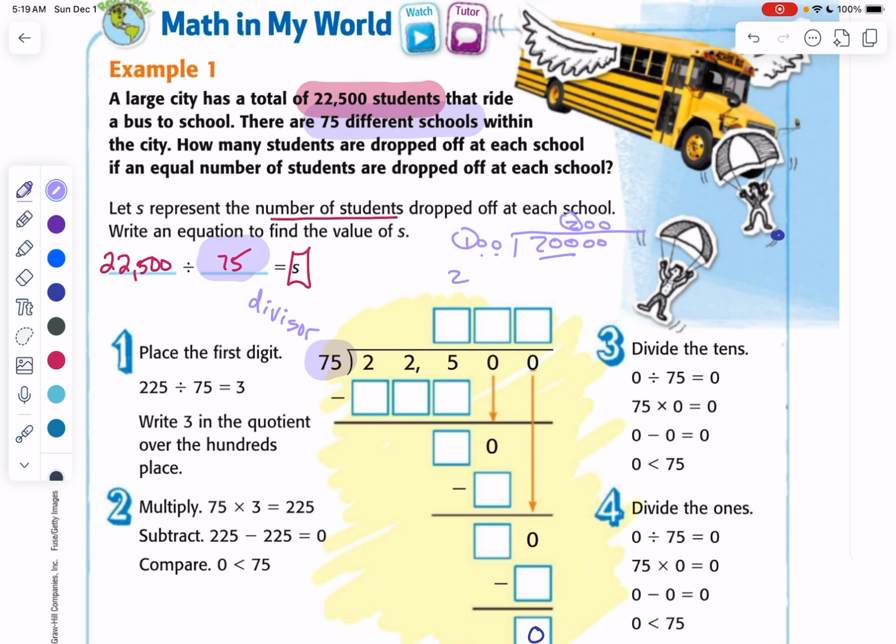There are 1, 2, 3, 4 zeros. 1, 2, 3, 4. Yep, that's my dividend, so we're good. Okay? So I know that 75 is going to go into 22,500 about 200 times. Again, it won't be super close to that answer.